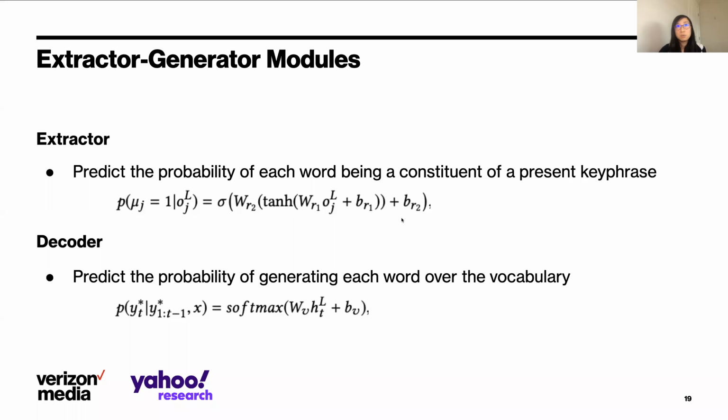And here it goes through 2 layers of feed-forward network. And this is a sigmoid function to compute the probability. And then as a decoder, it basically predicts the probability of generating a word given the previously generated word and the current hidden state. So it will compute a softmax over the last layer of the transformer layer.